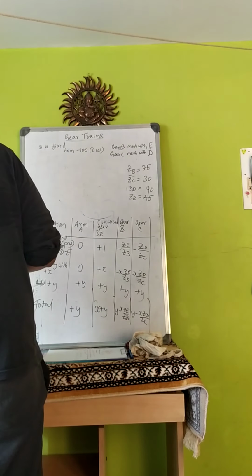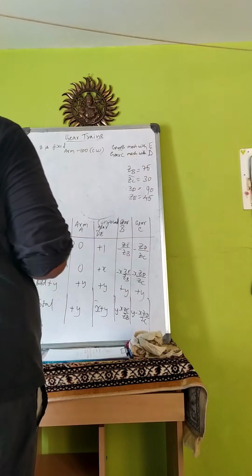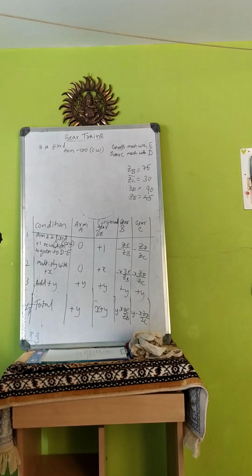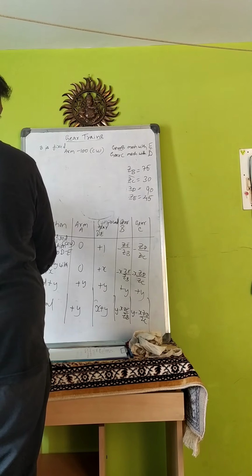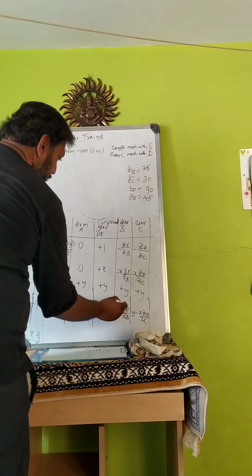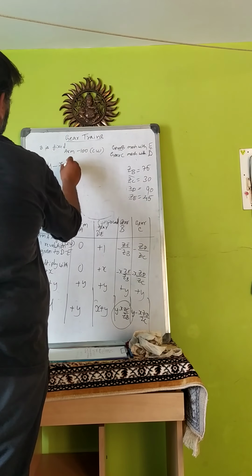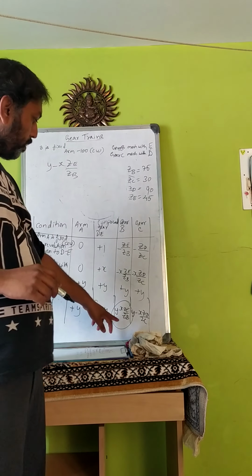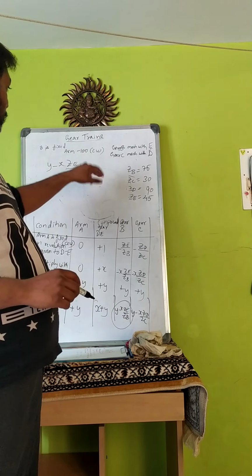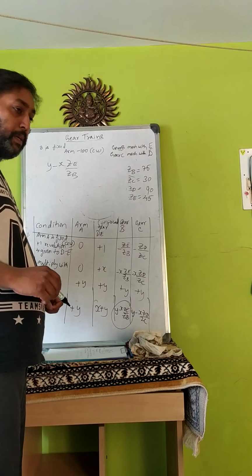Okay, so from the fourth row of this table, we get this element, Y minus X ZE by ZB. Here we have the velocity ratio. We want to determine the velocity ratio of C, but the condition given is that B is fixed.